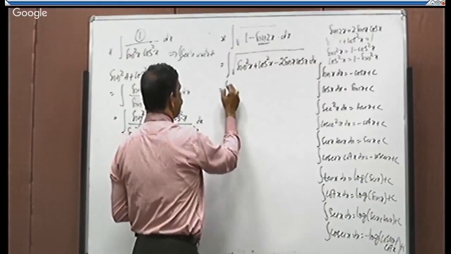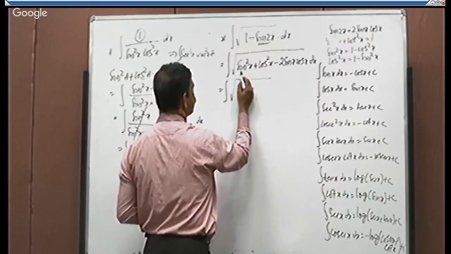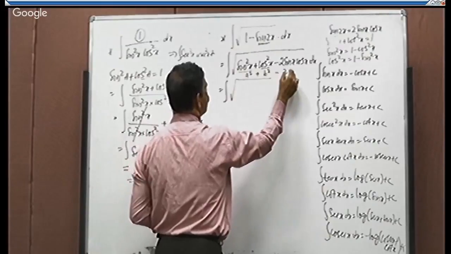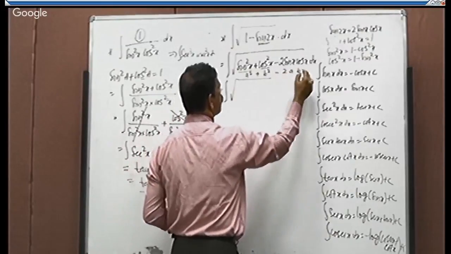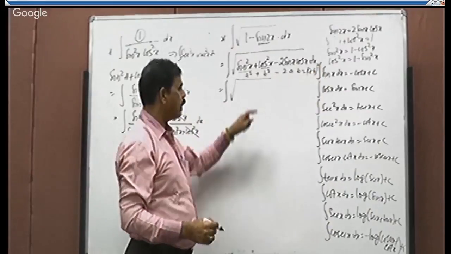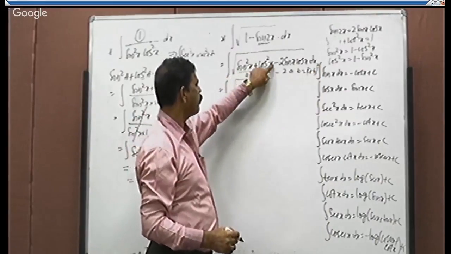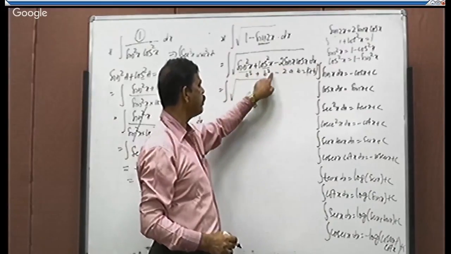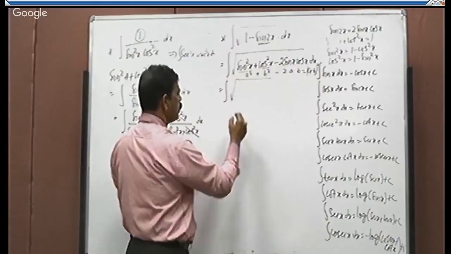Now observe the term. Root of what is it? A square plus b square minus 2ab. It becomes a minus b whole square. Correct? What is a? A is sin x. What is b? B is cos x.